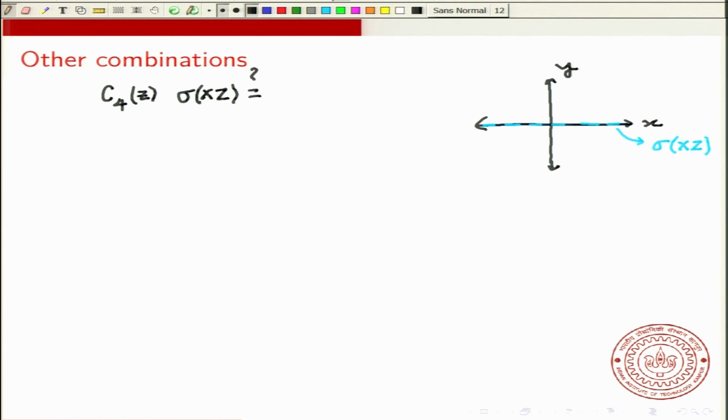Now, to do this, let us consider an arbitrary point. If you consider an arbitrary point x, y, z, and you operate on it by sigma xz, then follow it by C4.